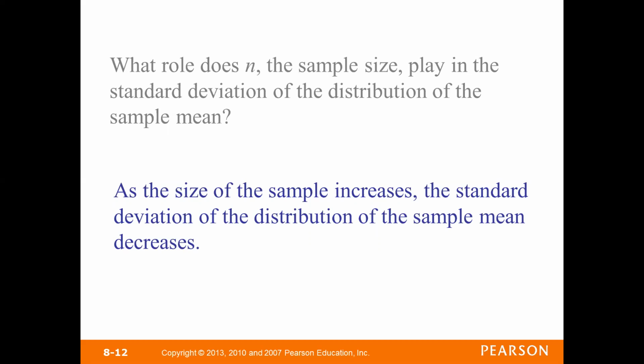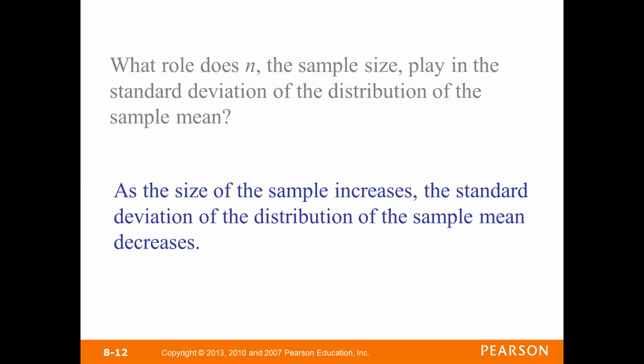Taking random samples is also a variable process. The more spread out the data is from which I'm taking a random sample, the more spread out the sample means will be in doing that process.